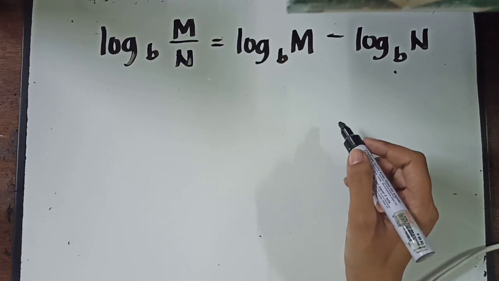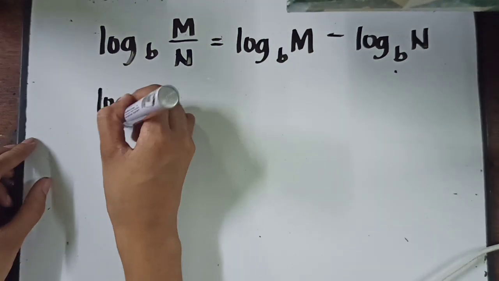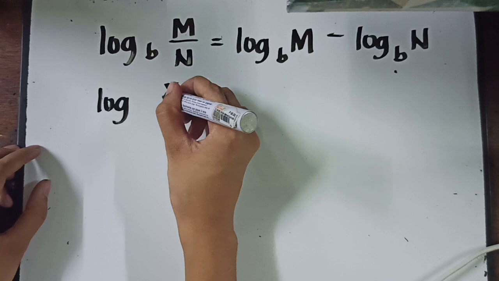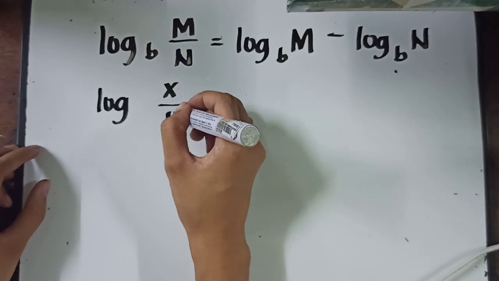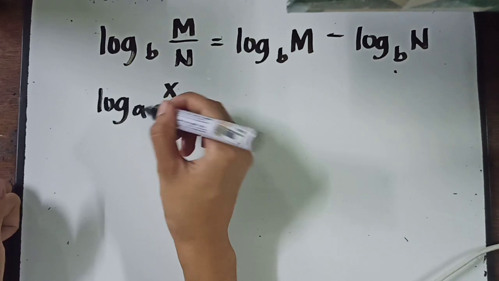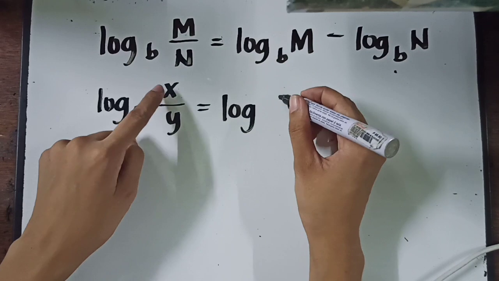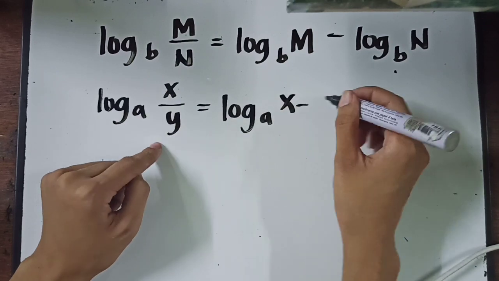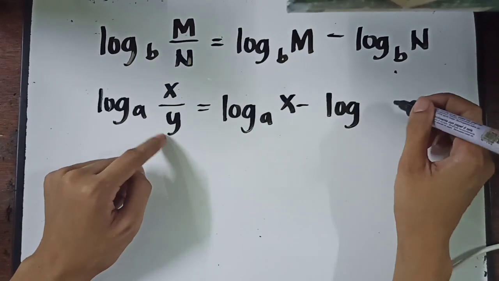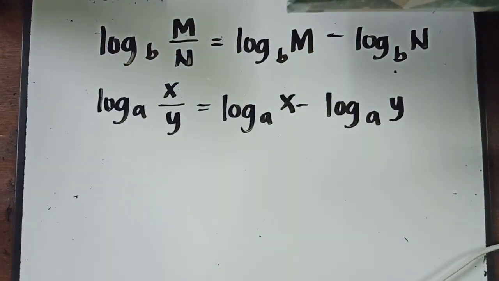So, for example, if we have logarithm of x over y to the base a, okay, so that is equal to the logarithm of x to the base a minus the logarithm of our denominator, which is y to the base a, okay?